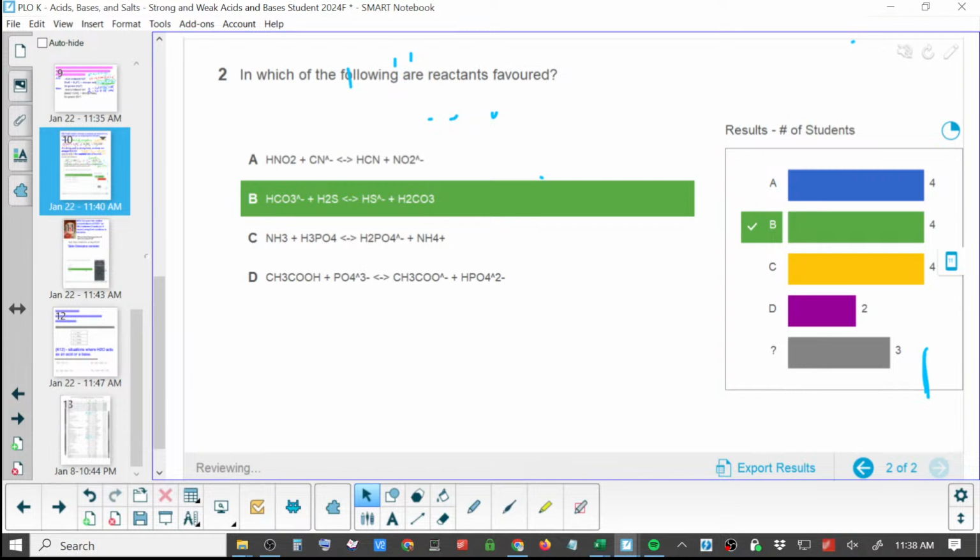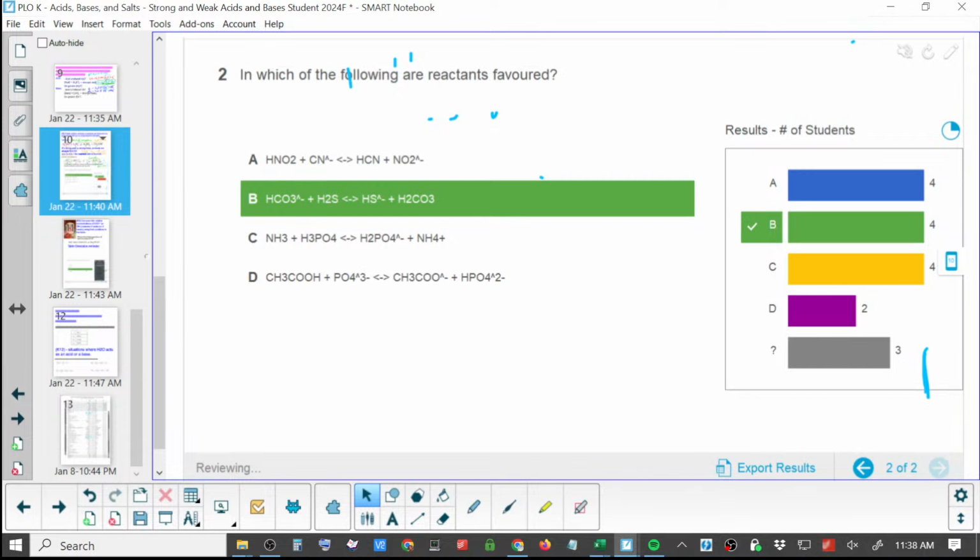Is HCN stronger than HNO2? I don't think so. And is NH4 plus stronger than H3O plus? I don't think so. Tell me if I'm wrong, but HPO4 2 minus stronger than, no, that's quite strong. So this is the only one in which the stronger one is on the product side.